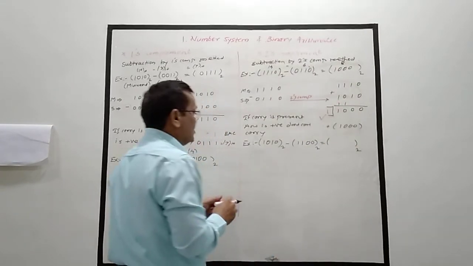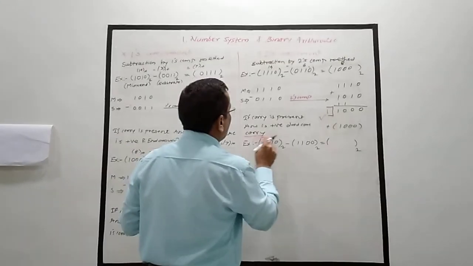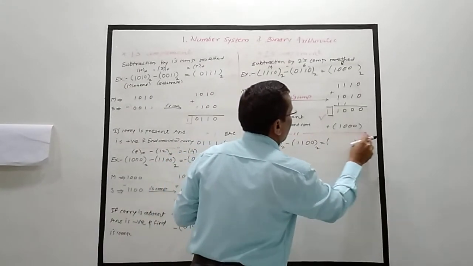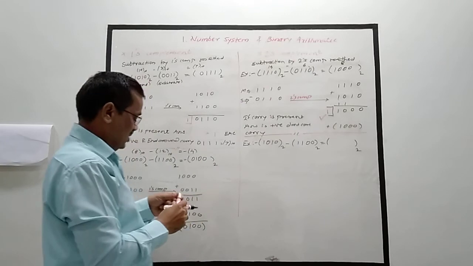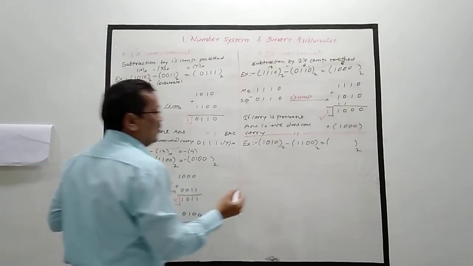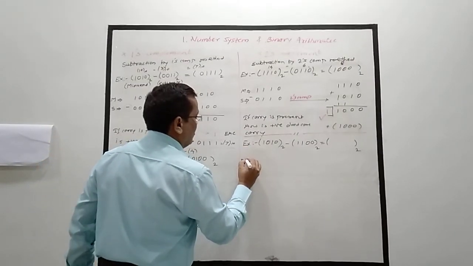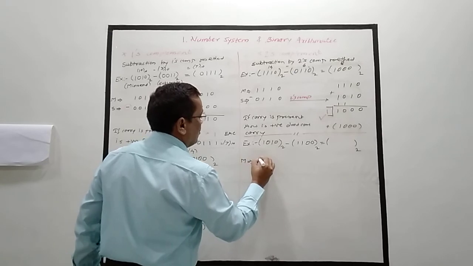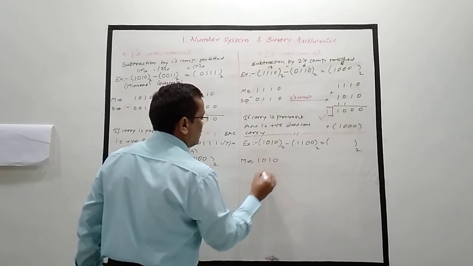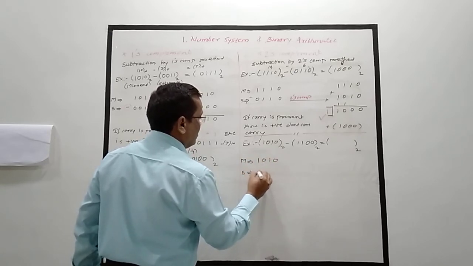Obvious, the answer is in binary form. Now write minus 1010, subtract 1100.